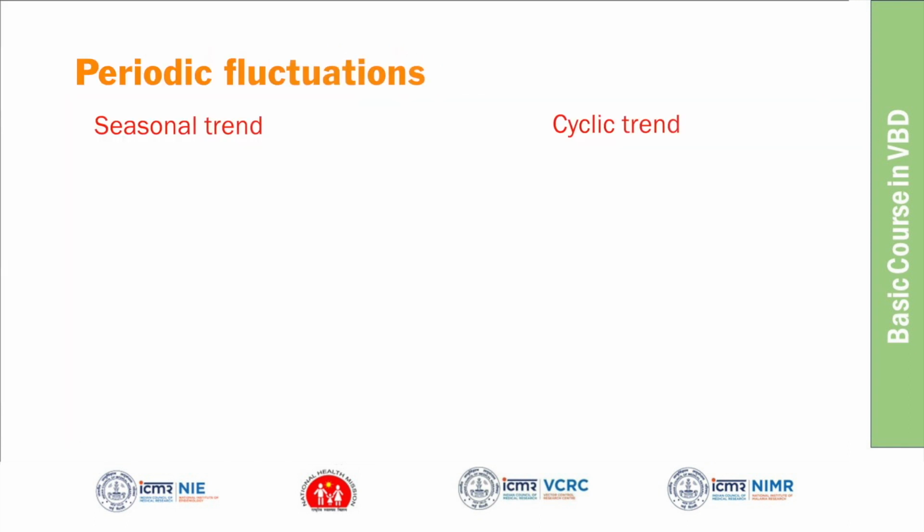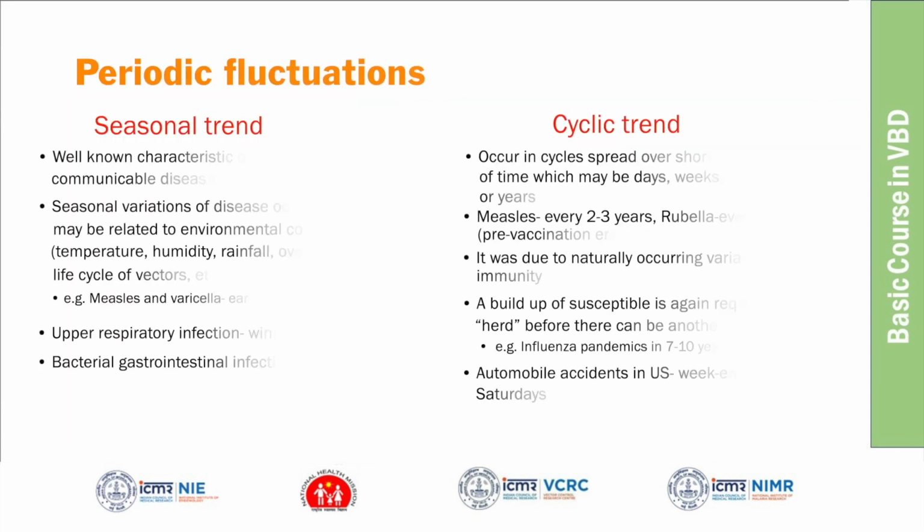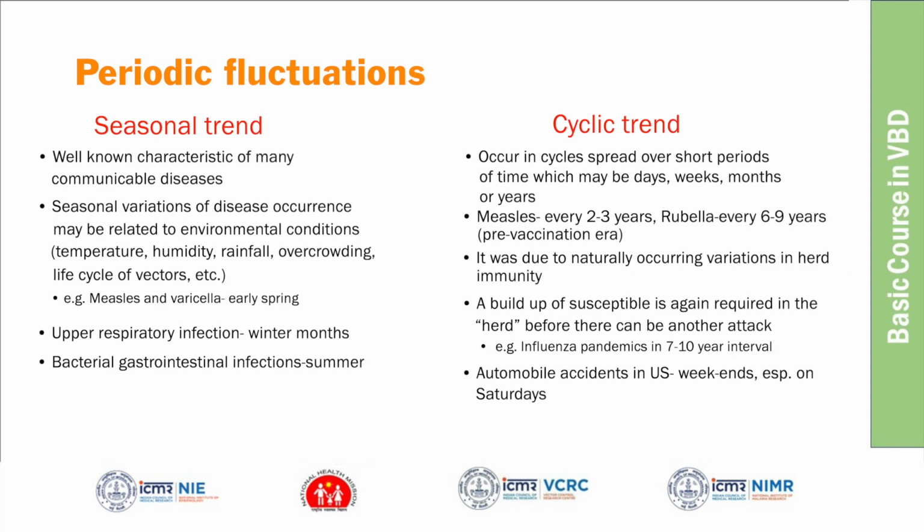This slide shows and explains the periodic fluctuation. The second type of time trend is periodic fluctuation. It can be a seasonal trend or a cyclic trend. You might be very much aware of the seasonal trend, especially in vector-borne diseases. It is a well-known characteristic of many communicable diseases.